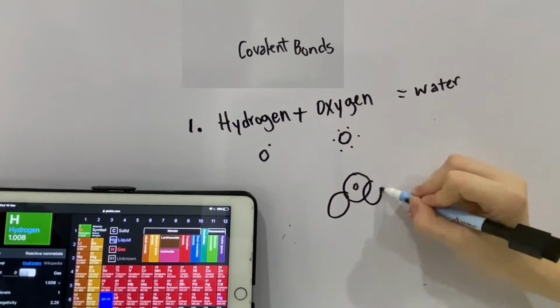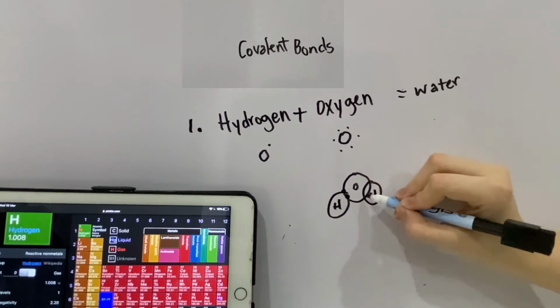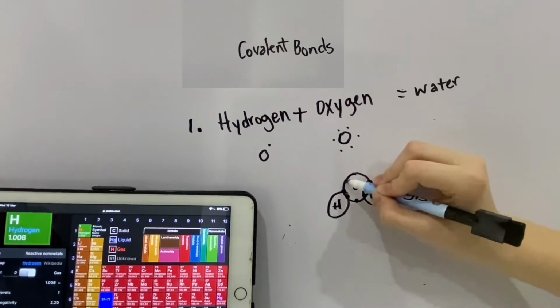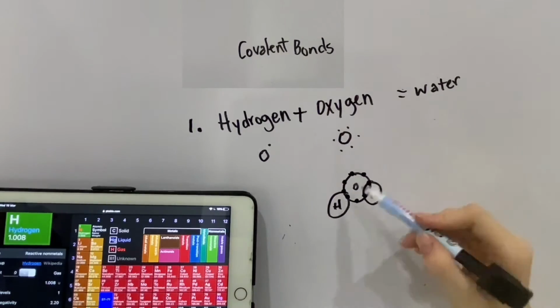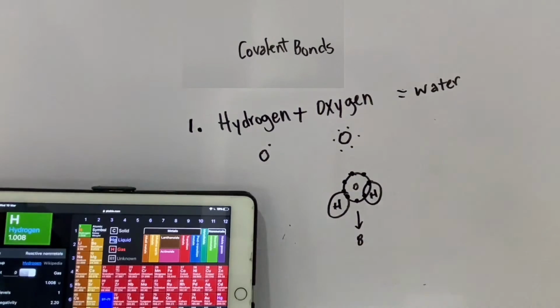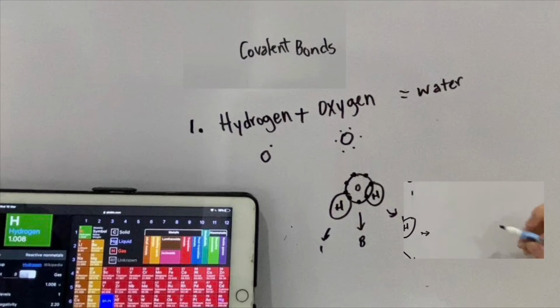For the representation of this, we need to remember that oxygen needs 2 hydrogens, and since it's a covalent bond, elements aren't going to steal from each other, they're going to be together, and this will make up 2 hydrogens, which will have 1 electron each, and 1 oxygen, which will have 8 since they're sharing. This is another way of representing it, and this is the way you write the formula, which is H2O.